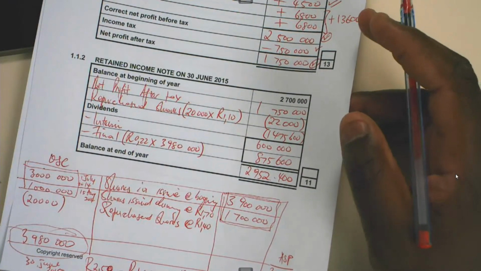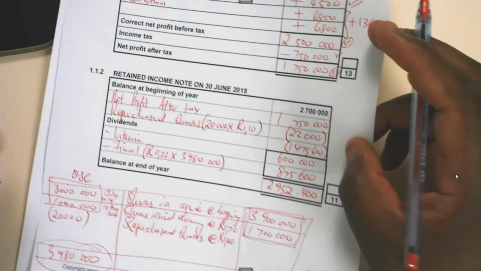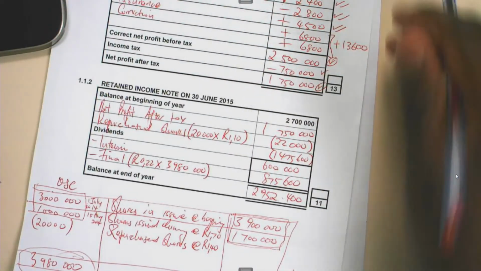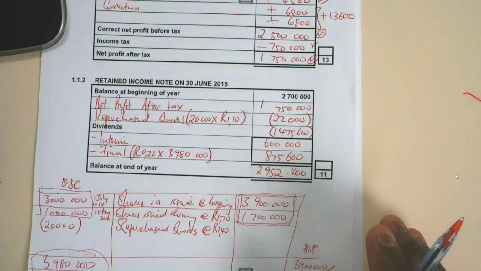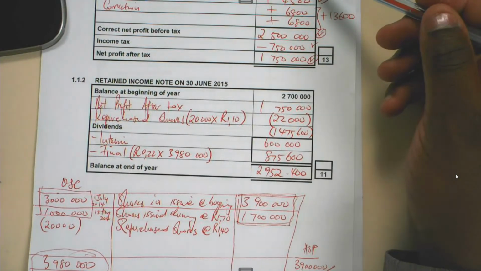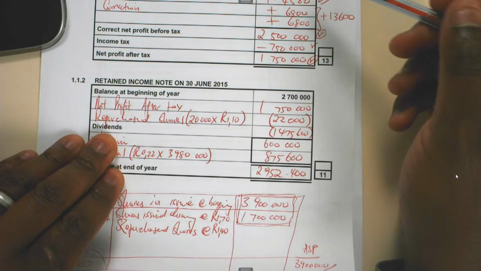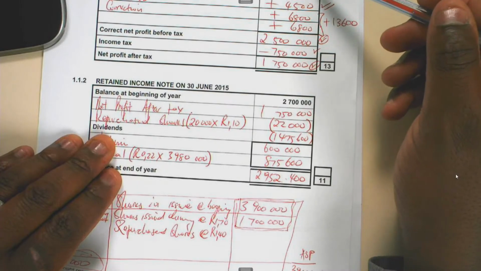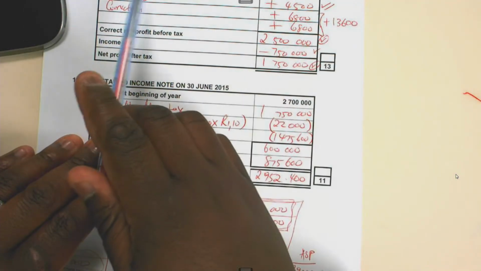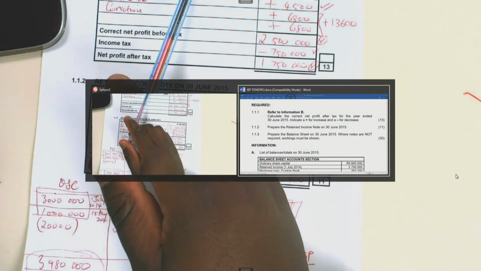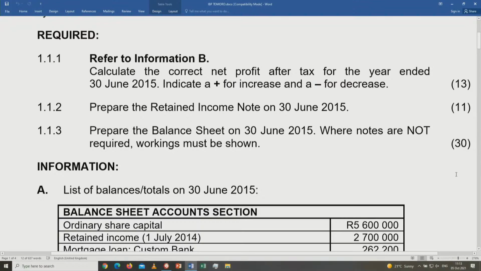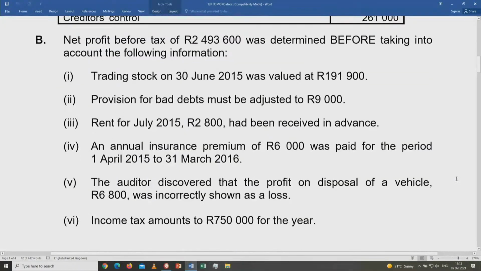And then we go back to our income statement. Remember, we had the trading stock deficit. But let's check how much was our stock at the end of the year. It is 191,900.